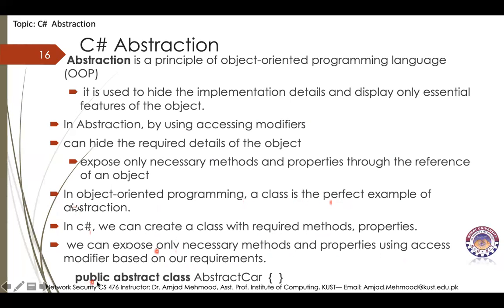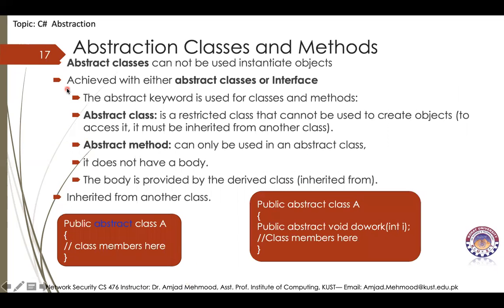Here you can see public abstract class. This is how the class is made abstract. But remember, whenever you have any abstract method in a class, that class must be abstract. So if you have written abstract here, this class must have at least one method defined with the modifier abstract.